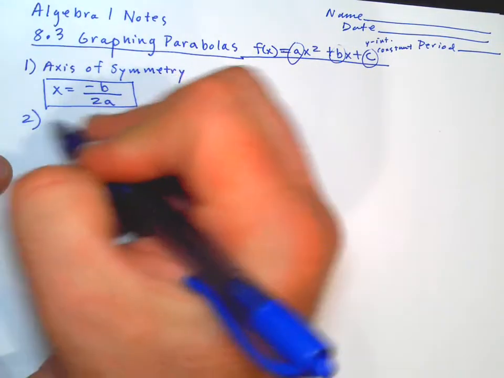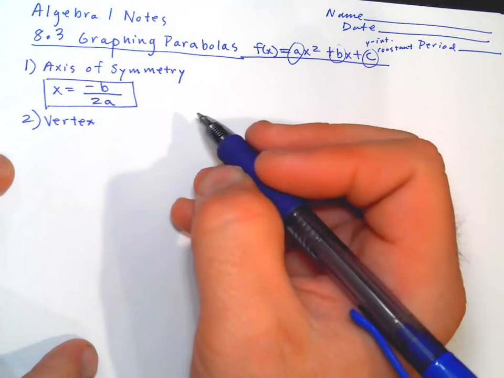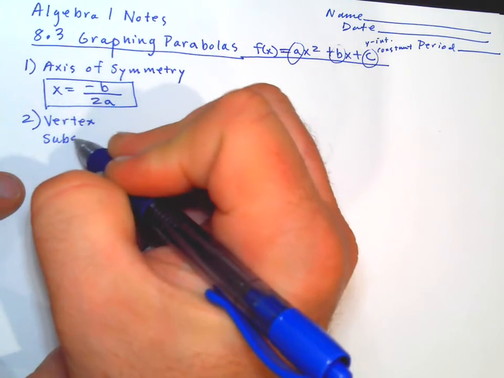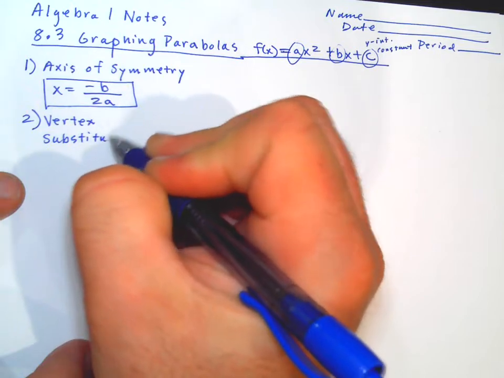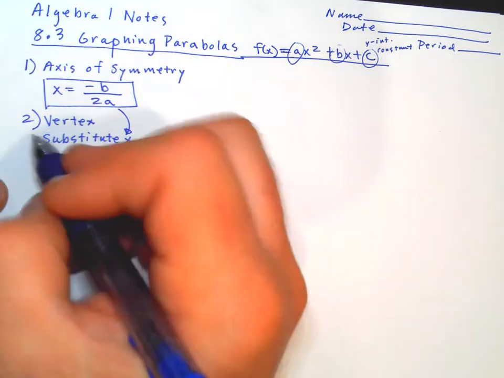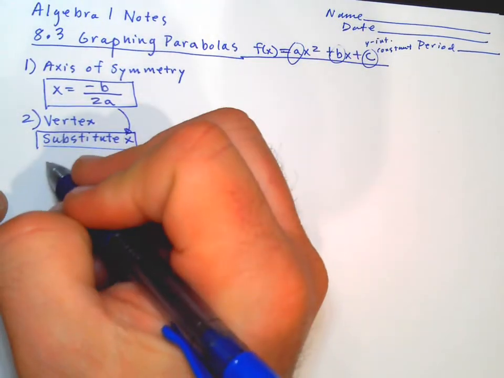The vertex, which we've talked about, is that highest or lowest point where it turns around. We're going to get the vertex by substituting this value of x back into our equation.